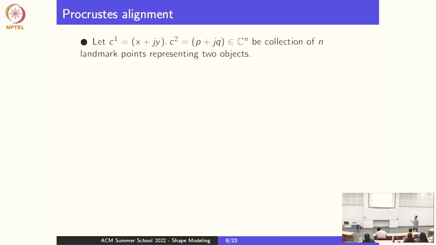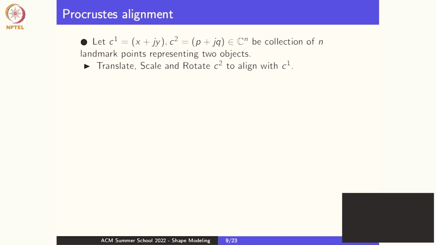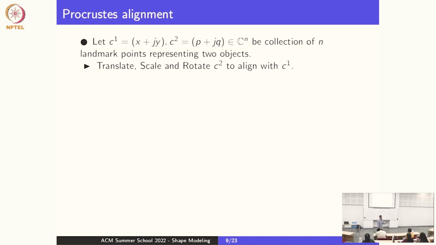We want to eliminate any differences between these two landmarks that have arisen due to translation, rotation and scaling. I have sort of repeated this enough number of times. So, before we can compare the landmarks, we want to translate C2, we want to rotate C2 and we want to scale C2 so that it becomes as close as possible to C1.